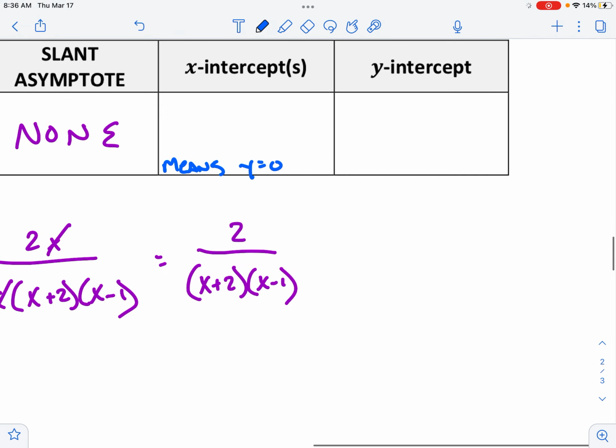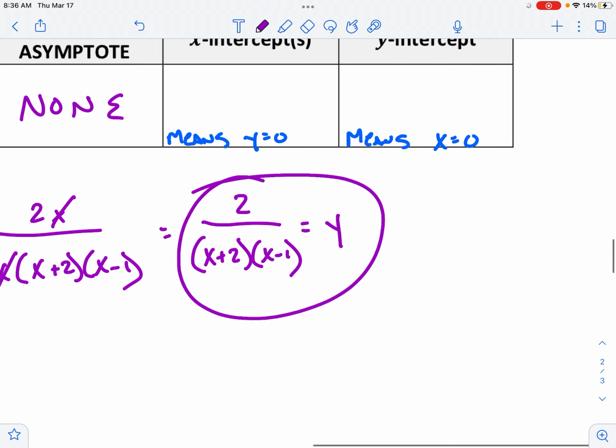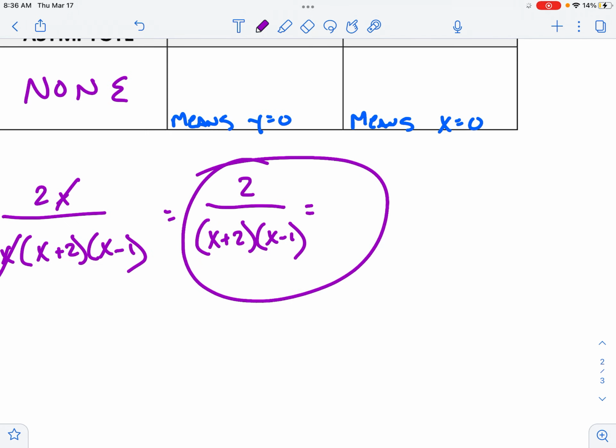And likewise, if I have a y-intercept, that means that at some point x equals 0. So I'm going to simply use those two facts to try to figure this out. Since this equation, or as it looks right here, an expression, if the y becomes 0, that means my numerator has to be 0.